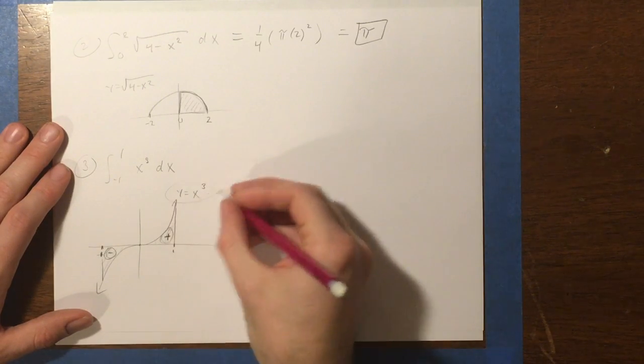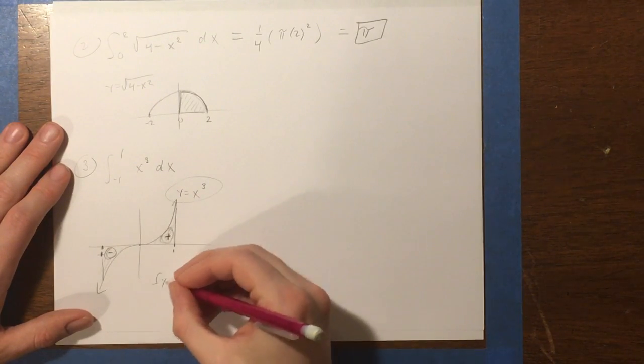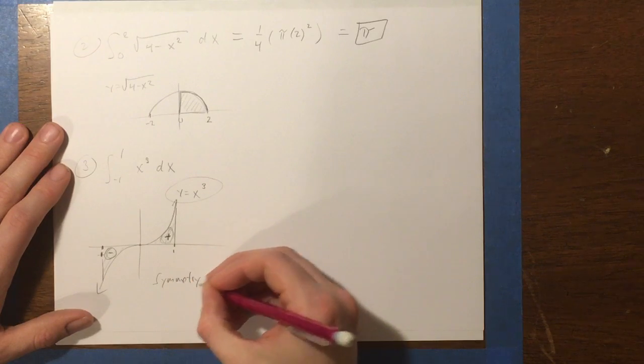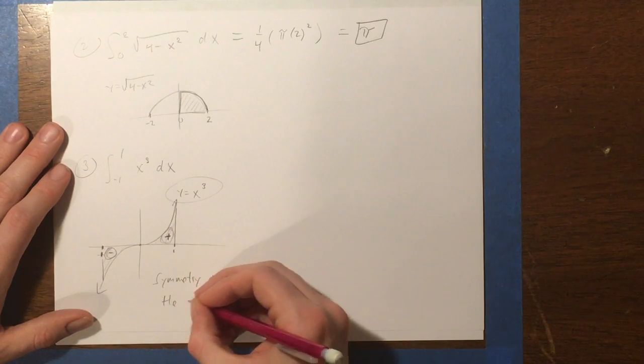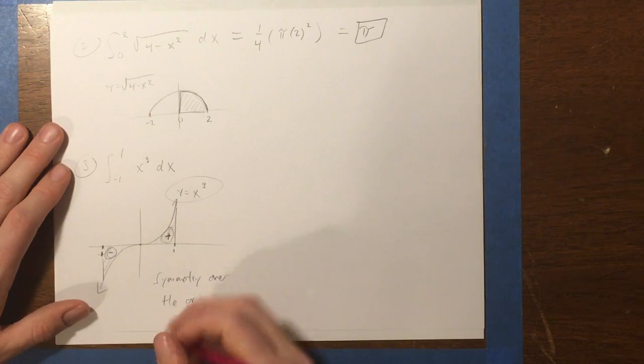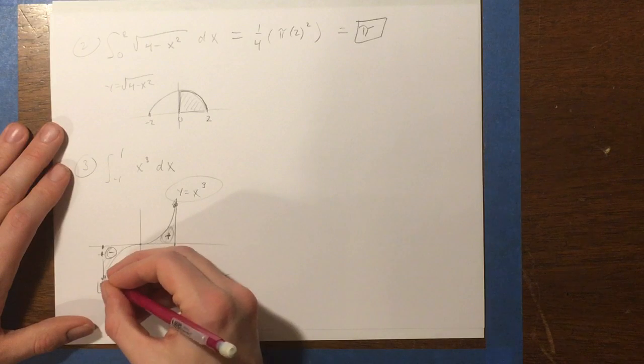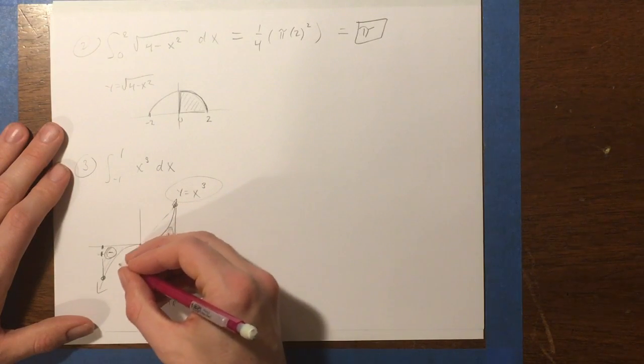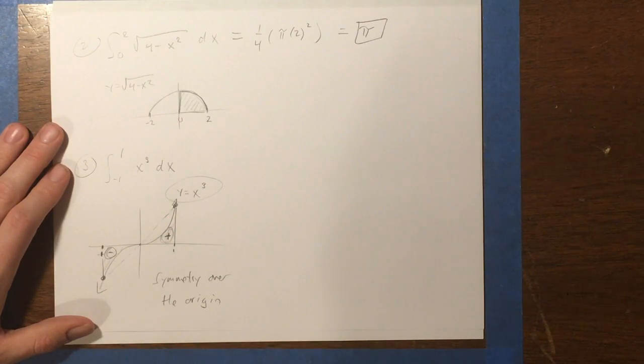And y equals x cubed has symmetry over the origin. That means this point, for example, and this point are reflections of one another over the origin.